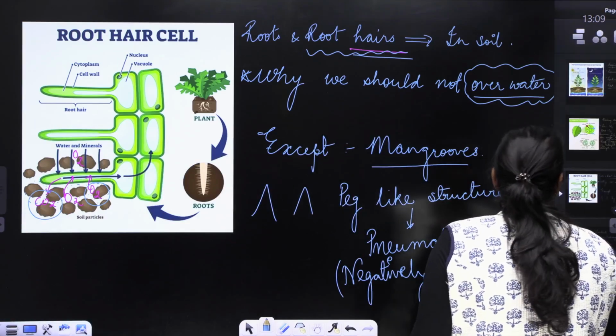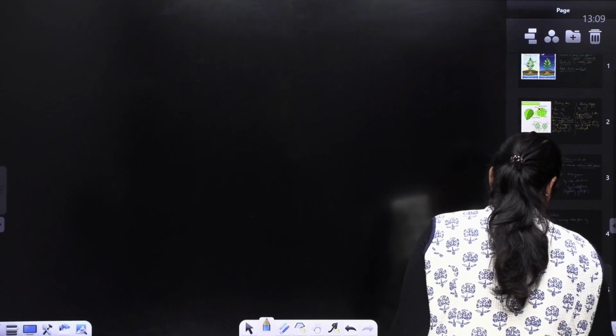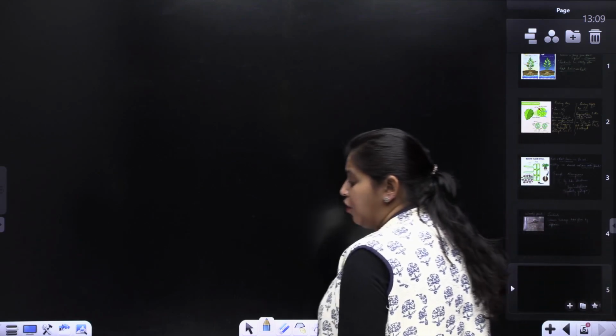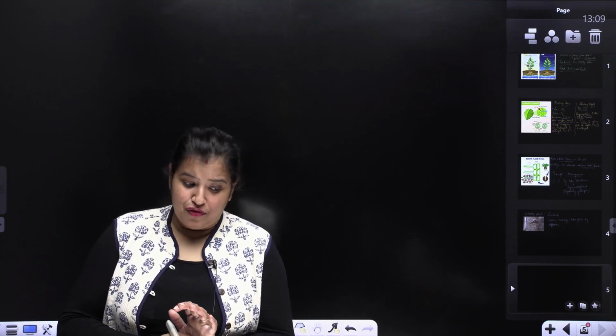Let us proceed with this part then. We have already discussed the three sites where gaseous exchange takes place by the process of diffusion.